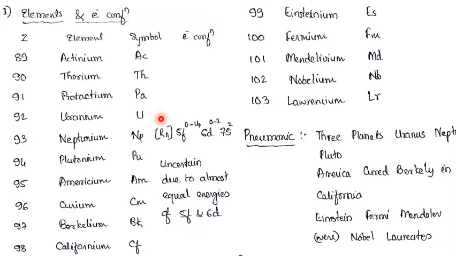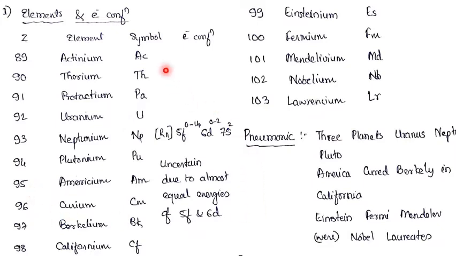And just by remembering the electronic configuration of the 4f series, we cannot write the electronic configuration of the 5f series. So we can remember actinium to lawrencium in a sequence, it's good. Otherwise also it's not a problem.